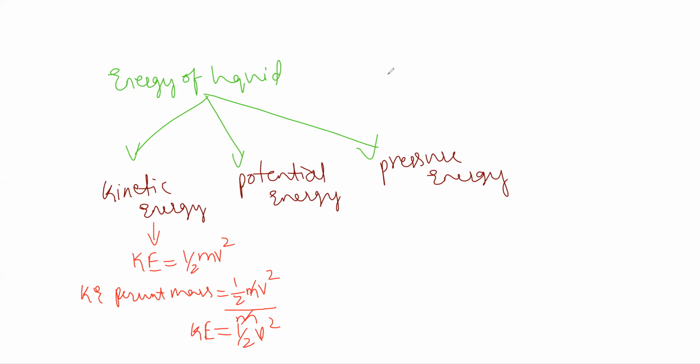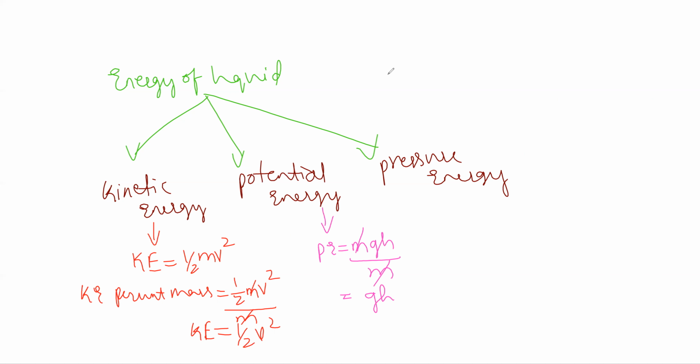Same thing, potential energy is given by the formula PE is equal to mgh. Potential energy per unit mass means divided by m, so this m gets cancelled. We have potential energy given by only gh.